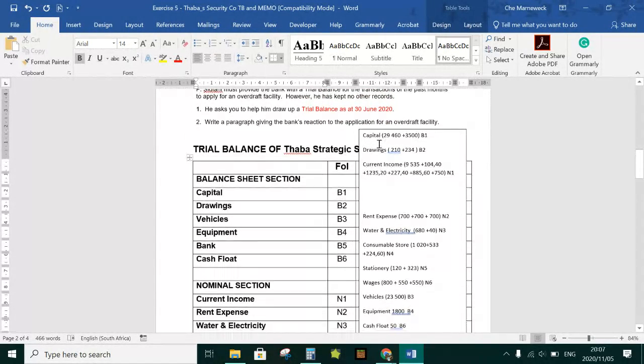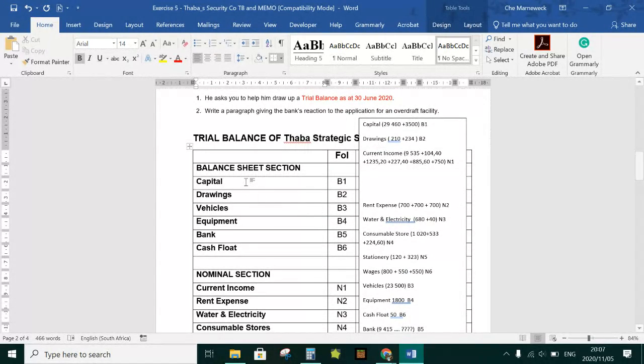Okay, because I'm doing a calculation to work out capital, it's always best to put your calculations in brackets just in case you make a mistake. You can get part marks. I'm going to add 29460 plus 3500. Drawings is going to be 210 plus 234. Vehicles, they gave us the amount straight, 23500. Equipment, 1800.